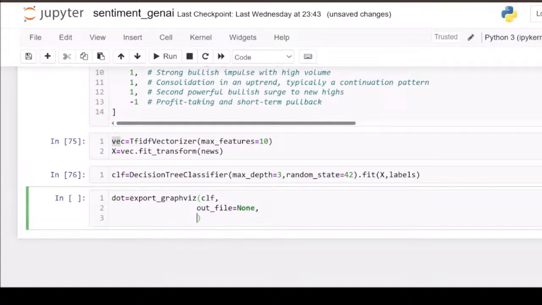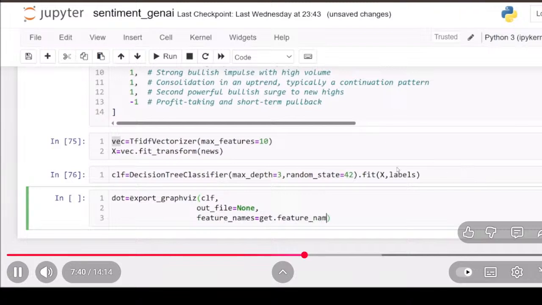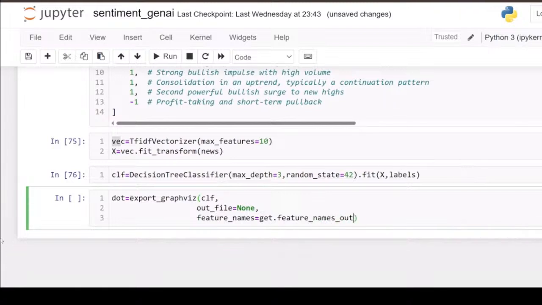There is feature_names, so we have to say vec.get_feature_names_out().